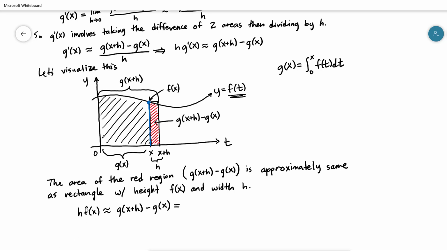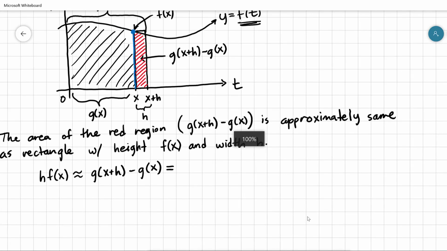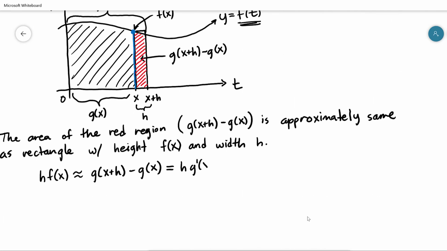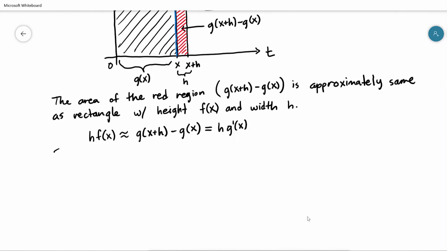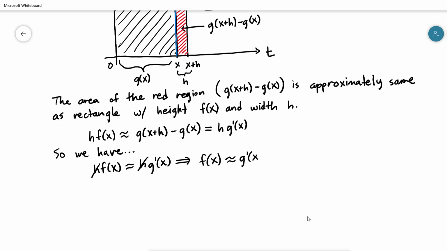And geometrically we found it to be roughly the area of this rectangle, h times f of x. Looking at those two interpretations, h times f of x is approximately equal to h times g prime of x. And if you cancel the h's, f of x is approximately the same as g prime of x.